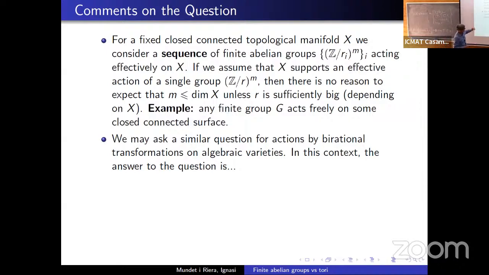But there are other situations for which whether the question is true or false is much less obvious. For example, one can ask the question replacing the homeomorphism group by the birational transformation group of an algebraic variety. And in that case, the answer turns out to be yes.